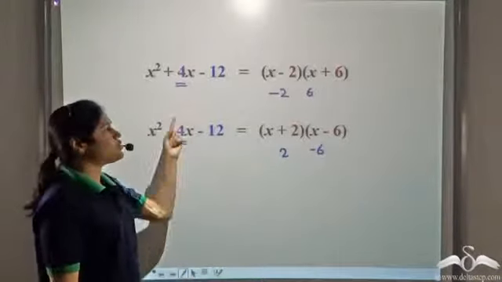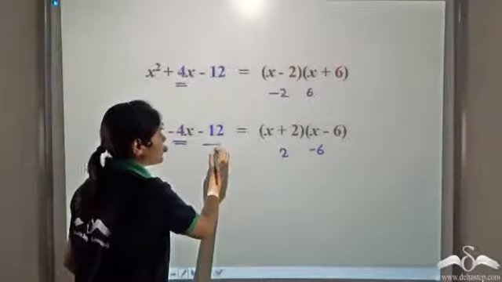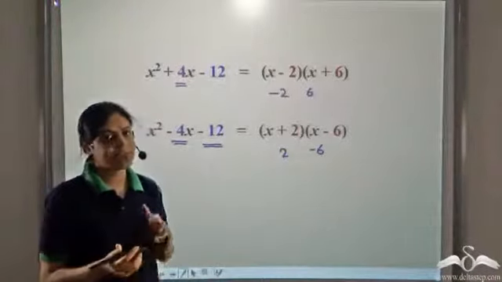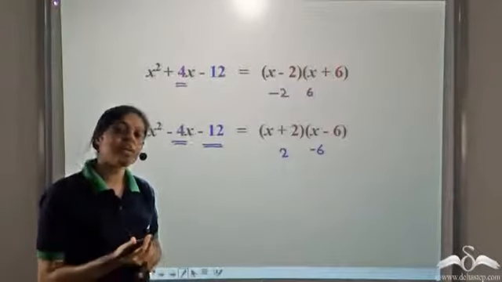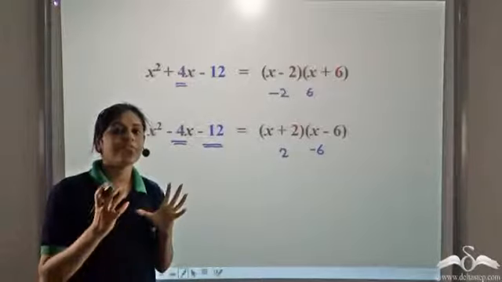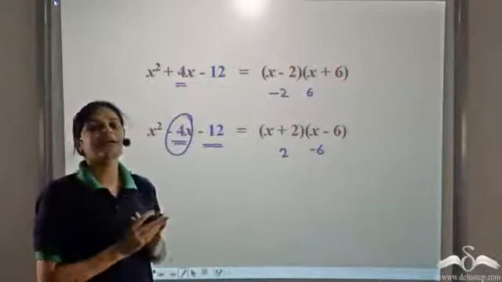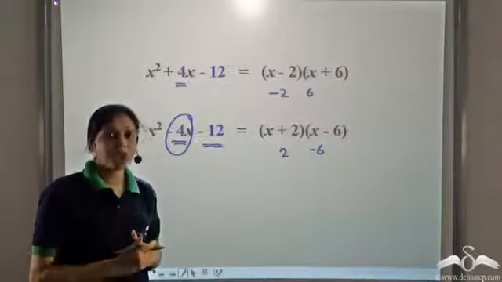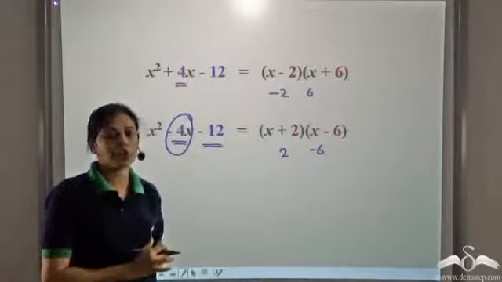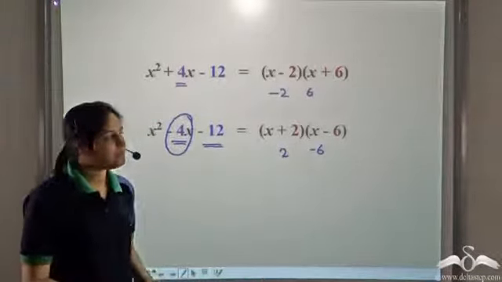So when we need to factorize problems of this type, when there is a negative last term, we'll have two factors such that one of them is positive, the other is negative, and the higher of the two factors will have the sign of the middle term. So we can rule out the factors in which the higher factor has the sign opposite to that of the middle term. This will make our task much simpler.